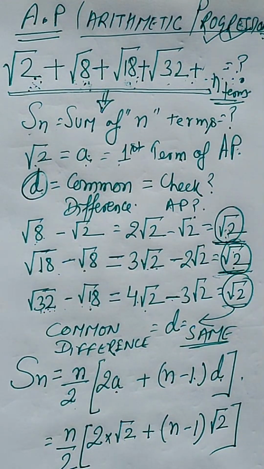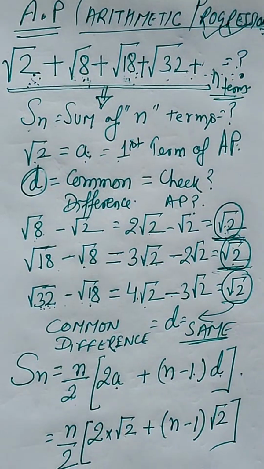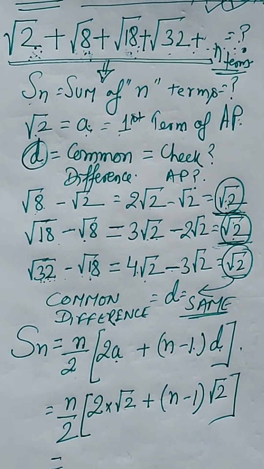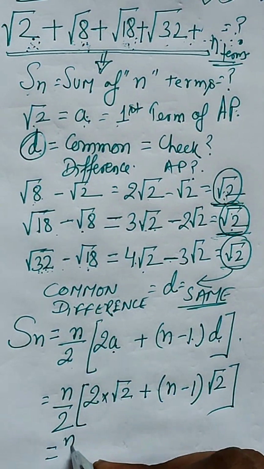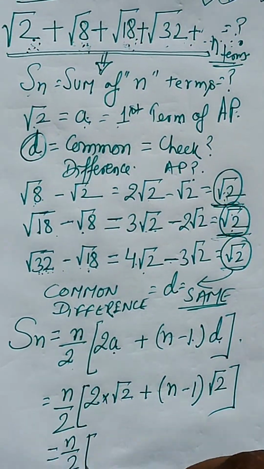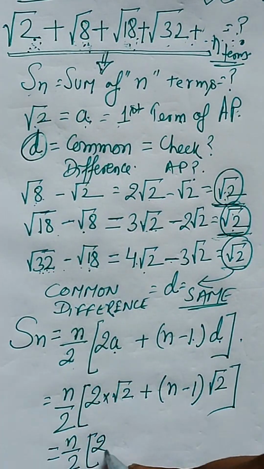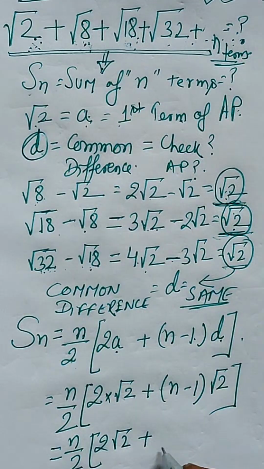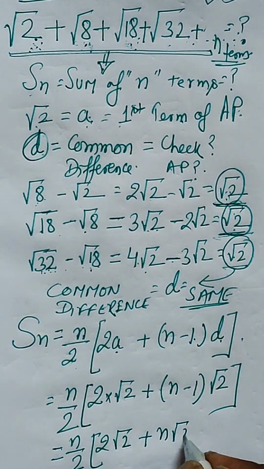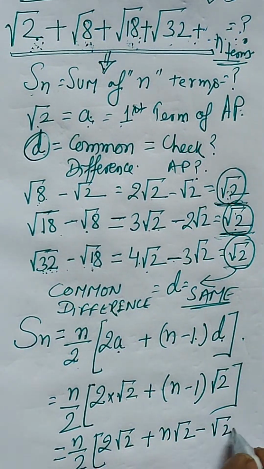Then what we will get? Let me slide the paper a little upward so that you can see. It is equal to n by 2, right? 2 root 2 will be as it is, plus, just break this bracket, n times root 2 minus root 2.